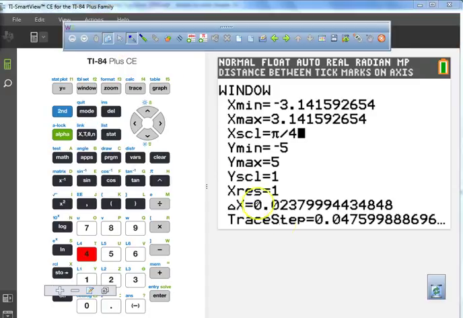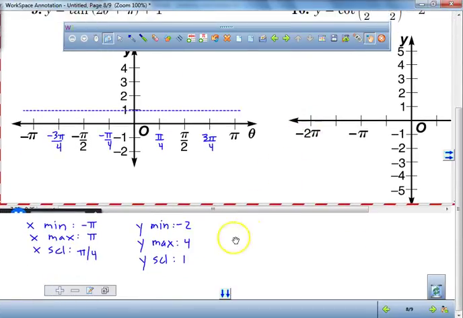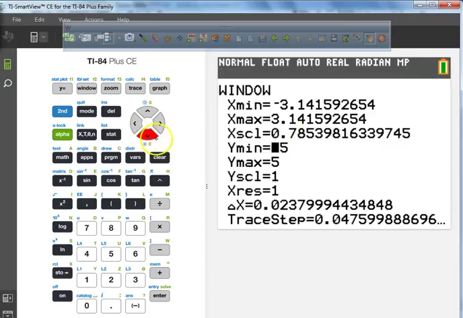I mean, it's not like I wrote it down anywhere. You did. Oh, okay. Well, there we go. And don't worry, that wasn't immortalized on YouTube. So we're at -2, we're at +4, and we're at a y scale of 1. So here we go: -pi, +pi, pi over 4, -2, +4, 1.